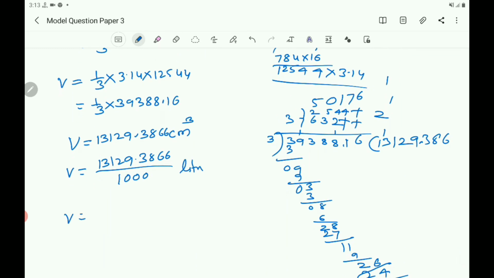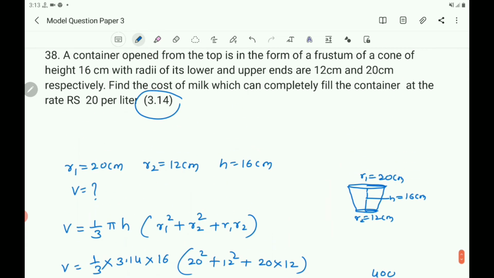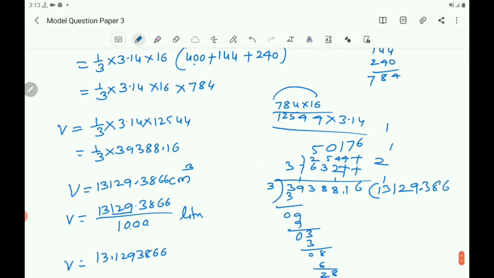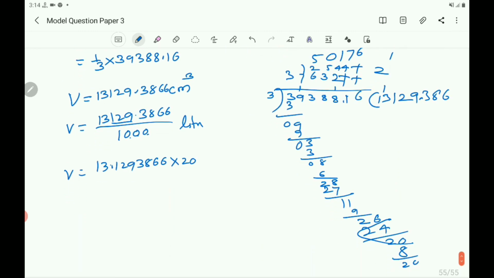That is V equals 13.1293866, and here the rate of milk is given 20 rupees per liter, so you multiply it by 20 rupees.